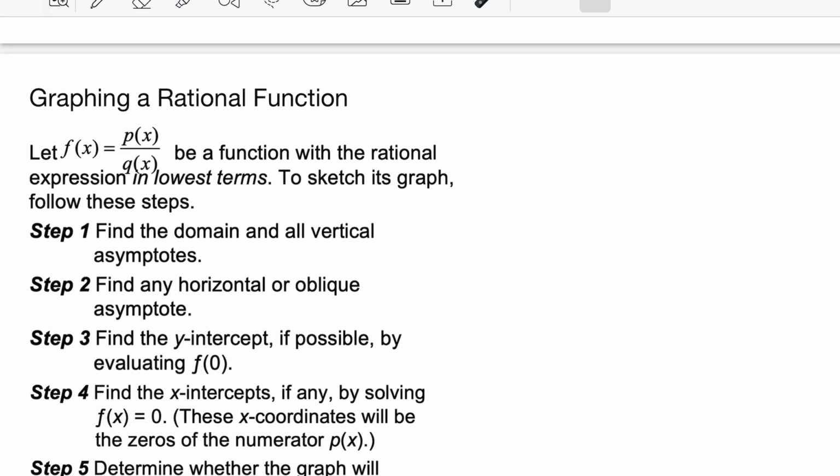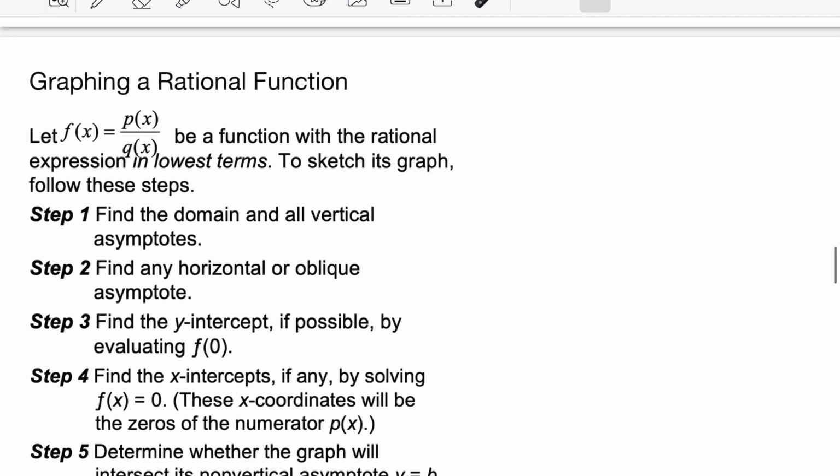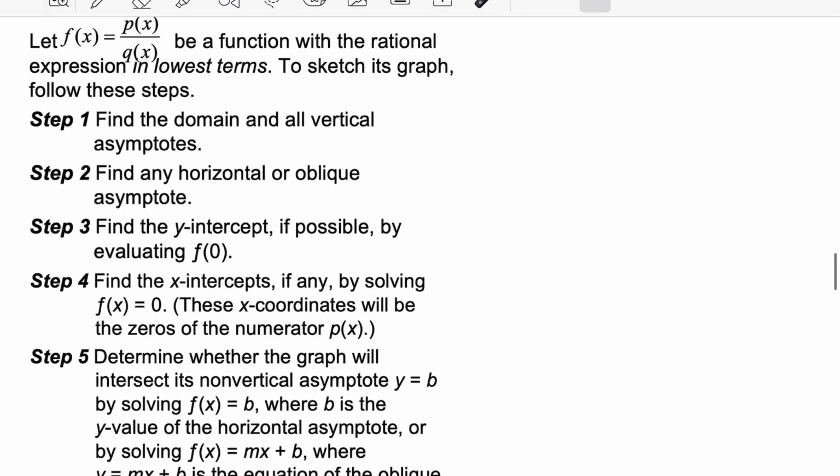Now here we have a 6-step procedure for graphing a rational function. So if we have a rational function expressed in lowest terms, these are the steps that we're going to follow to graph it. First, we're going to find the domain and vertical asymptotes, as well as any horizontal or oblique asymptotes. We're going to find both x and y intercepts.